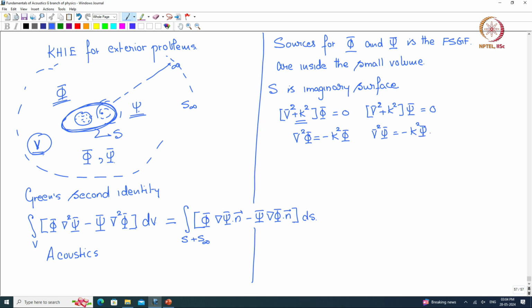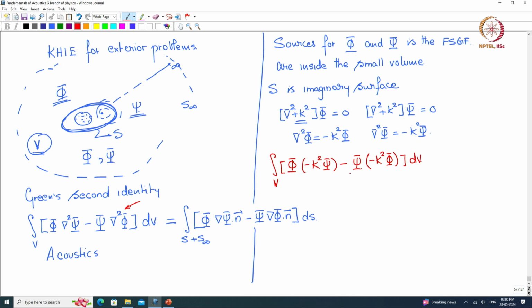So if I plug this back in here, what do I get? I have an integral over this volume, then phi del square psi is minus k square psi, minus psi, and del square phi is minus k square phi, over the volume.